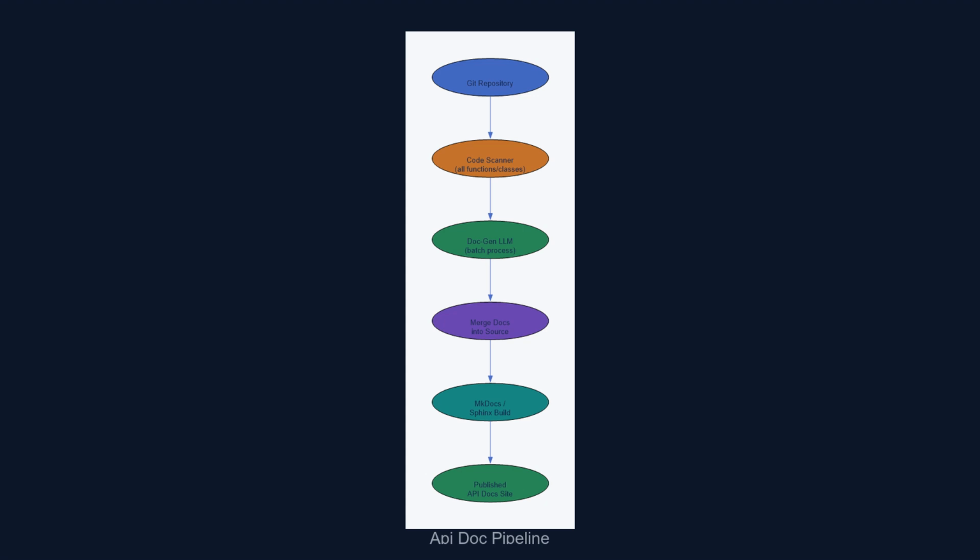The generated documentation is then merged back into the source files, keeping docs co-located with code rather than in a separate system. From there, MkDocs or Sphinx picks up the documented source and builds a polished documentation site. The end result is a published API doc site that stays synchronized with your code.